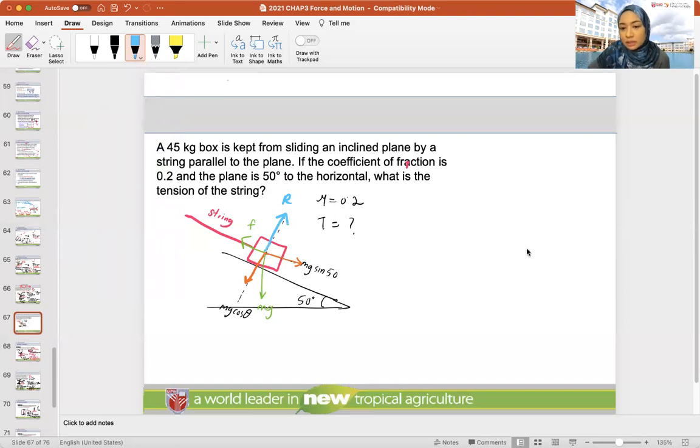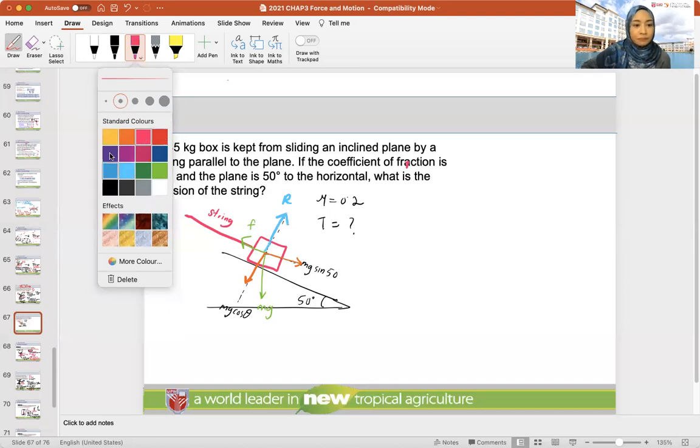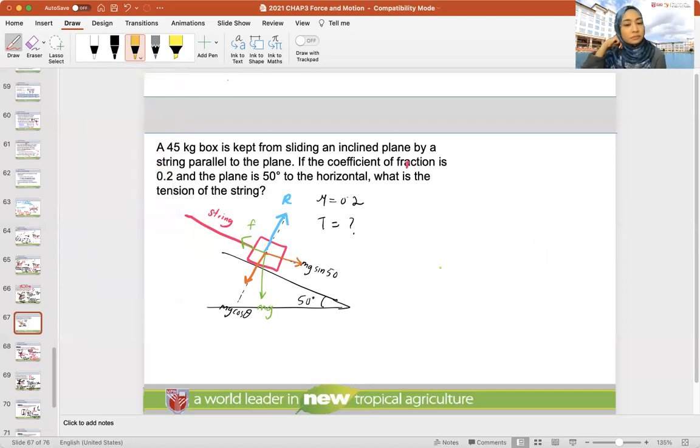What are we missing here? Daniel Harith. What else? Let's use yellow. Hello, Daniel Harith, are you there? Ada betul. Okay, what else? We have a string here. What should I have? Tension. Where should it go?